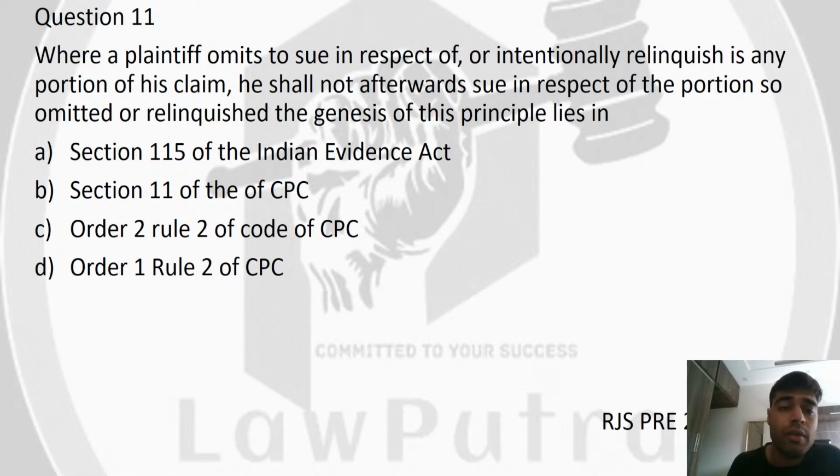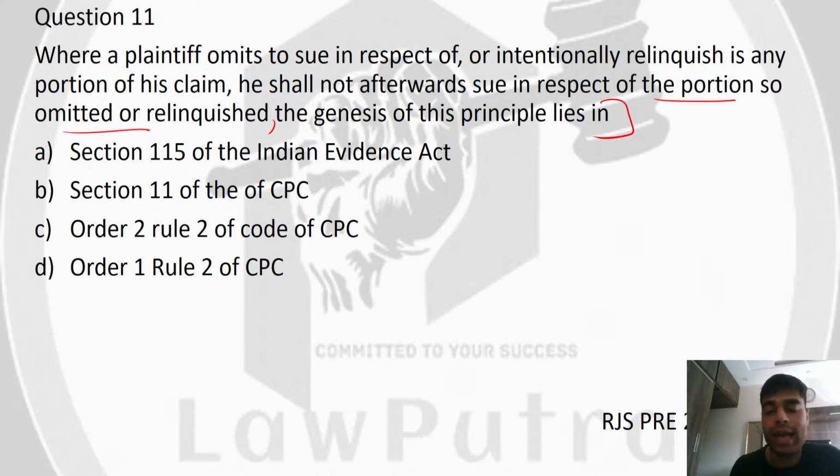Next question. Where a plaintiff omits to sue in respect of, or intentionally relinquishes, any portion of his claim, he shall not afterwards sue in respect of the portion so omitted or relinquished. The genesis of this principle lies in which provision?